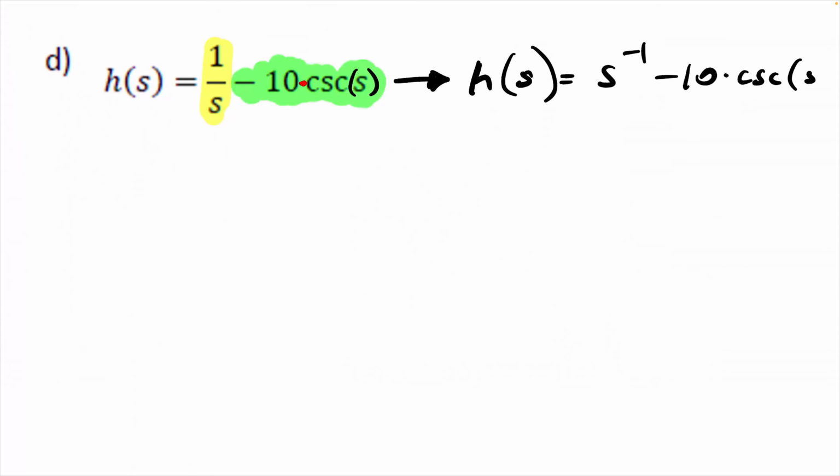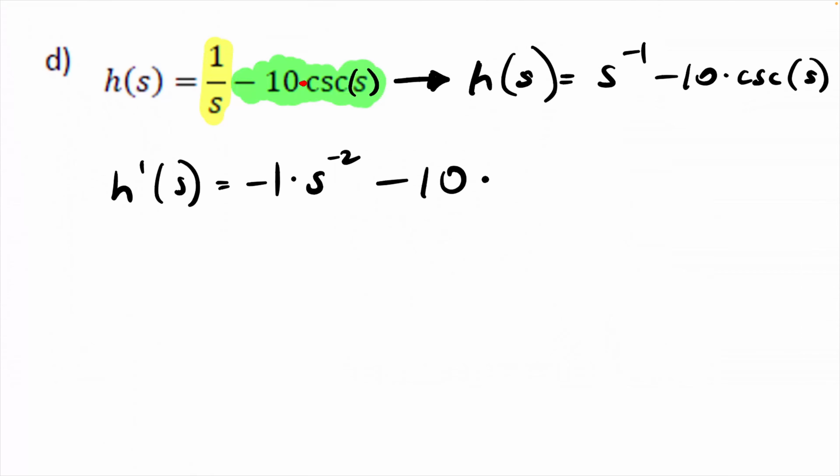Okay, so let's do the first part, the yellow part. So, derivative. The derivative of s to the -1, move the old power to the front, times s, subtract a power, so we would get -2, right? -10, that's just a coefficient, so leave it like that.